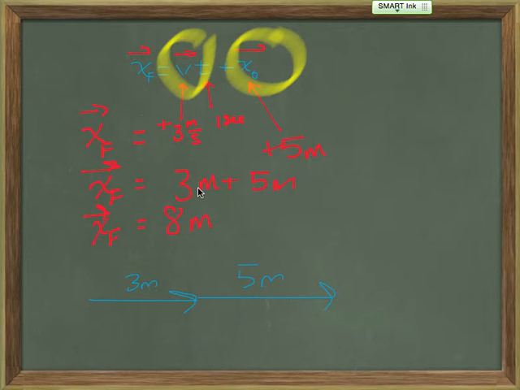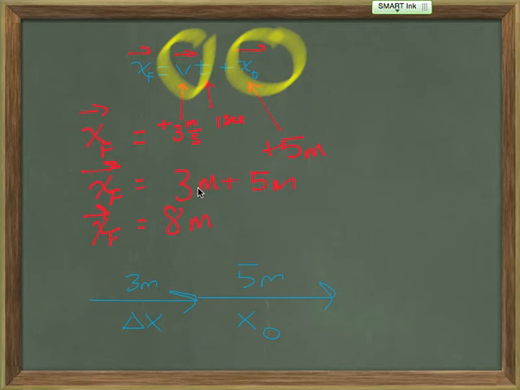So basically the 3 meters is my displacement. This vector here is my displacement. The 5 meters is where I was in the beginning, right? Okay. My position at 0 seconds.